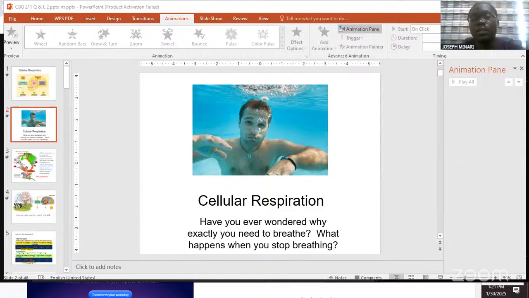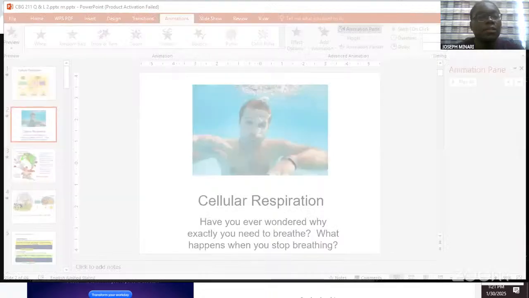We're going to look at glycolysis, the Krebs cycle, and the electron transport chain. Those are the three major aspects that we are going to consider under cellular respiration.